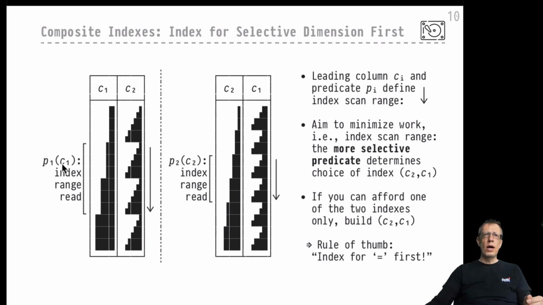Okay, so I've indicated such a scan range already in this sketch here. This would be the scan range, or let this indicate the scan range for the one conjunct on the C1 column. For a particular choice of parameters, this would be the width of the scan range in the C1 column.